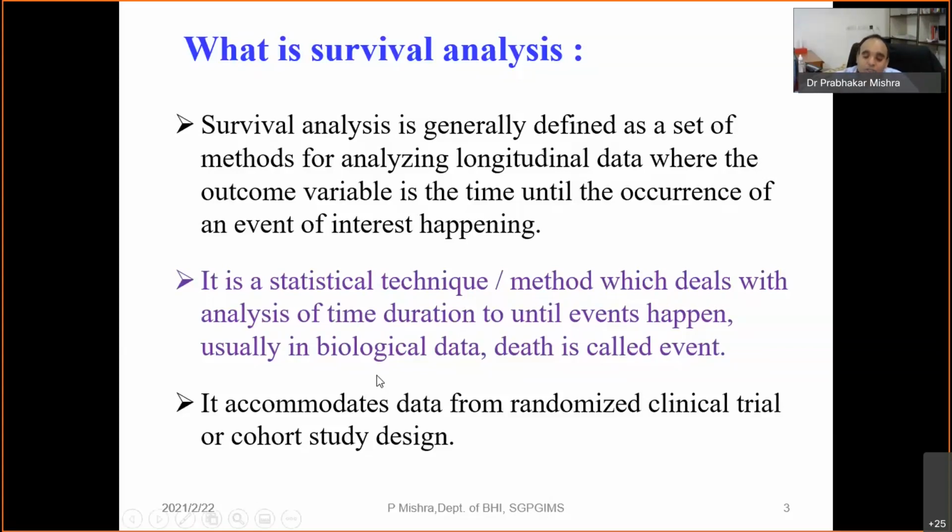Usually in biological data, death is called the event, though not always, because recurrence of the disease is also an event, injury of the patient too, or a machine part failing. Suppose we are using a mobile phone: after how many months or years do we expect it to stop working properly? This duration can also be analyzed using survival analysis.